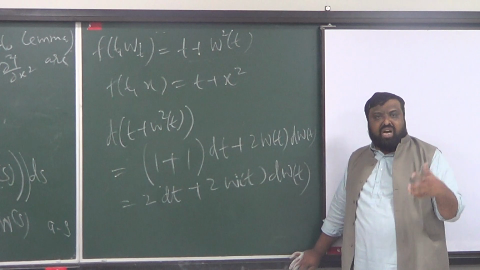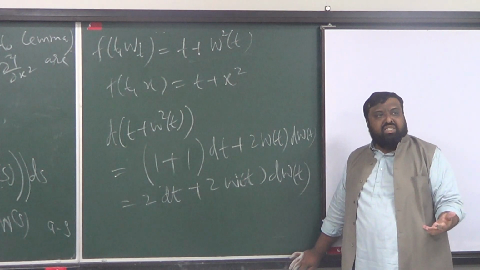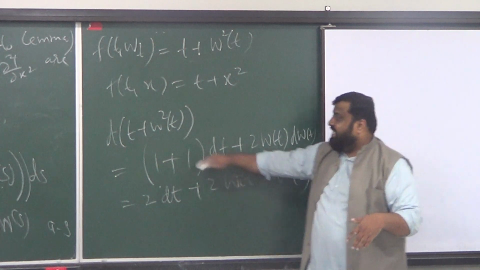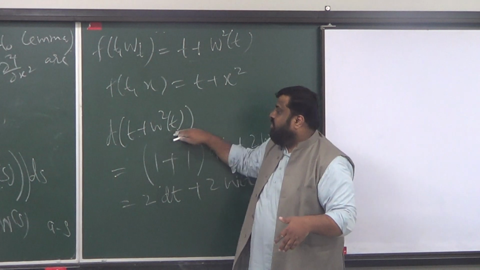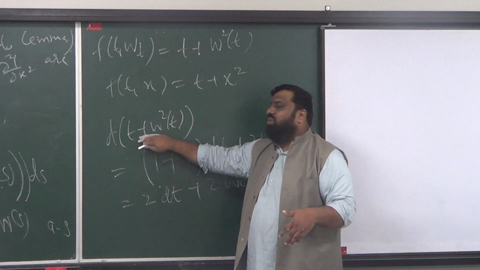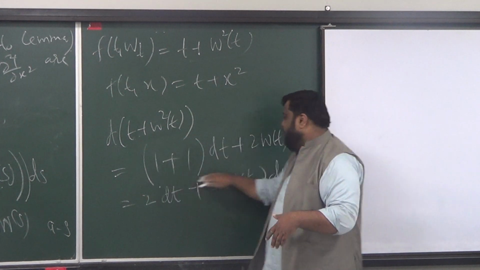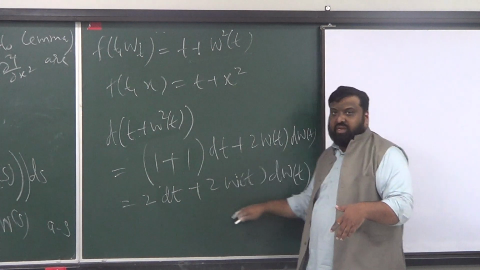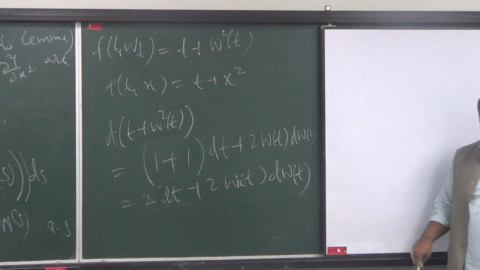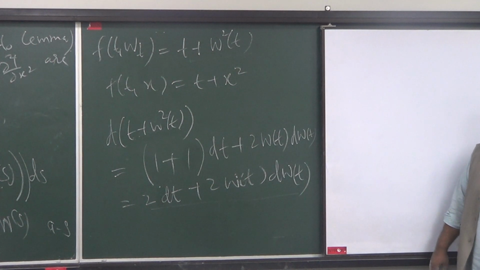But now you want to know what would be the dynamics, and by dynamics I mean differential. So how this function of Brownian motion and time is going to evolve over time, and this represents a trajectory. We're going to learn how to simulate such kinds of trajectories. Are you getting the point?